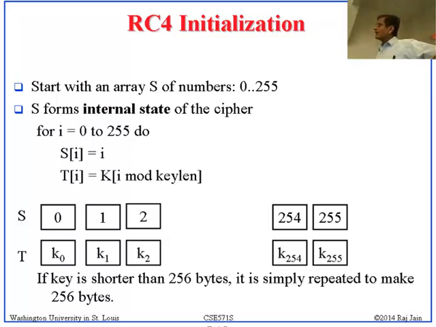When you run this 4-line code, it says j equals 0, for i equals 0 to 255, j equals (j plus S[i] plus T[i]) mod 256. So you take the contents of the ith register in S and the ith register in T, and add those two to j.